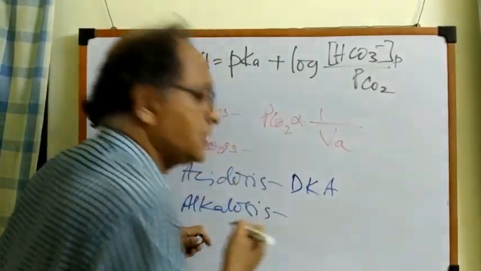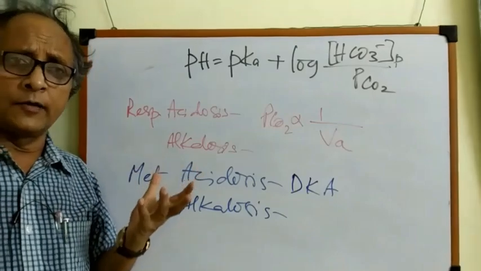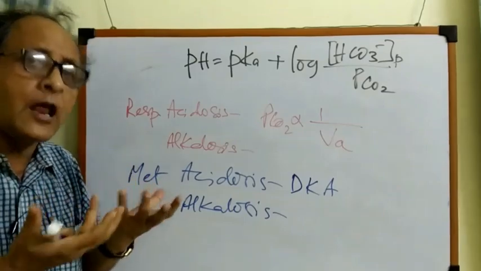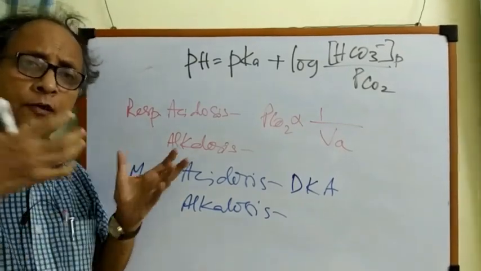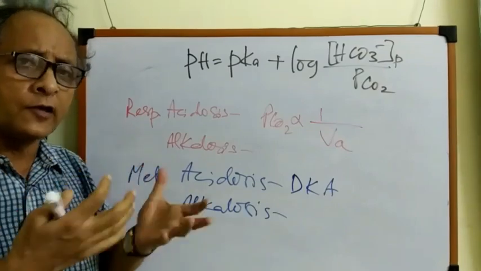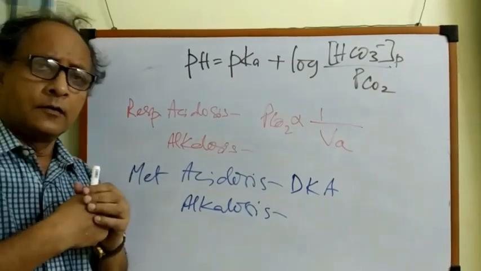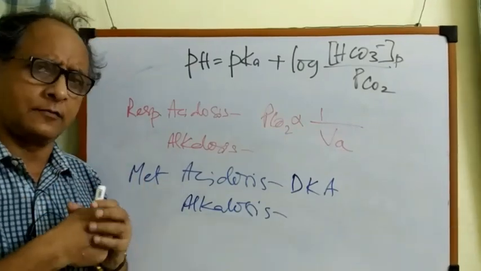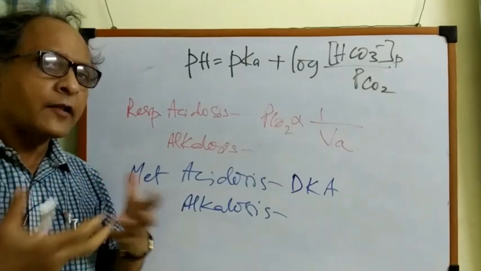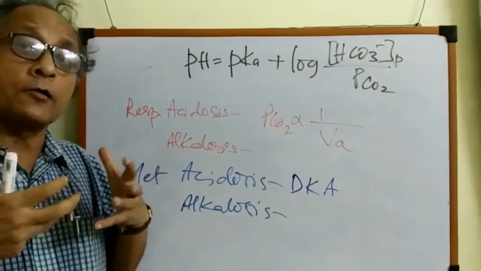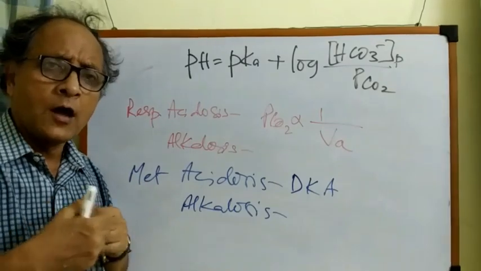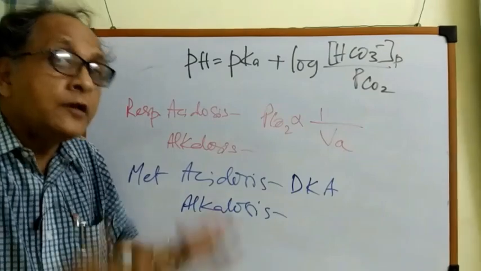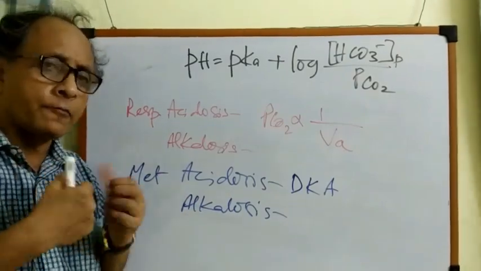Diabetic ketoacidosis: when there is uncontrolled diabetes, there will be metabolism of lipid in the absence of an adequate amount of glucose. Glucose is not entering into the cell, leading to genesis of various kinds of acids, ketone bodies, acetoacetic acid, beta hydroxybutyric acid, etc. Or in case of lactic acidosis, suppose somebody is suffering from hypovolemic shock or hemorrhagic shock, as part and parcel of it, lactic acid and other kinds of acids are produced.